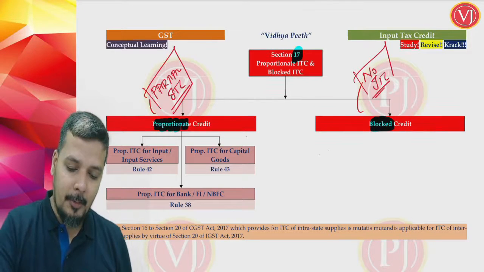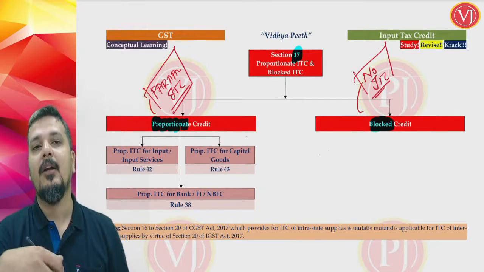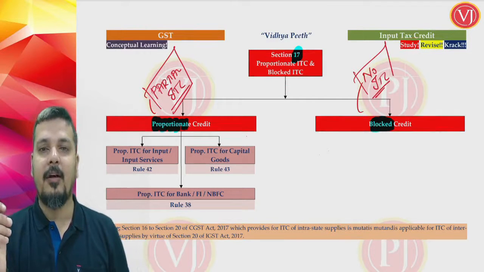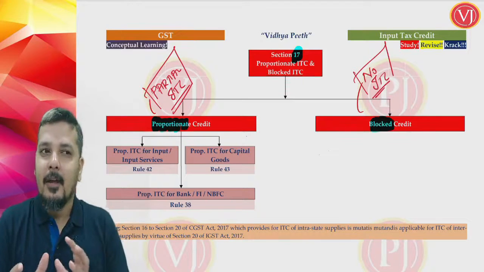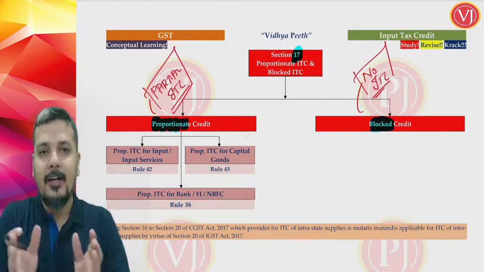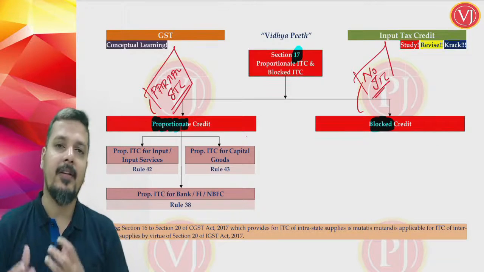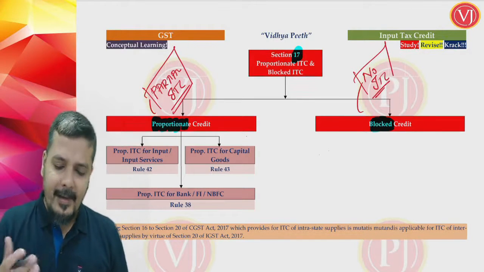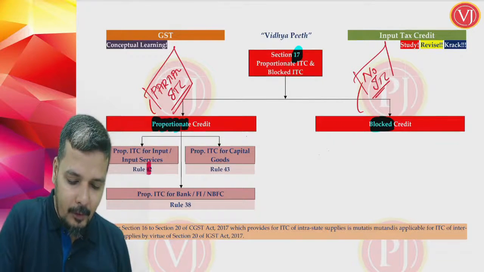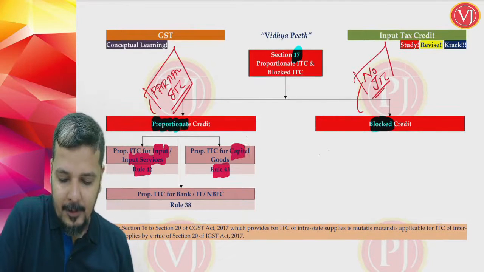Whereas when you talk about proportionate credit, which is section 17 subsection 1 to section 17 subsection 4, it talks about taking partial credit. Some credit you take, some credit you cannot take. Rather, you have to split up and find what portion of credit you can take and what portion you cannot take. Obviously there's a formula. That formula is discussed in your rule 42 for common inputs and input services, and rule 43 for common capital goods.